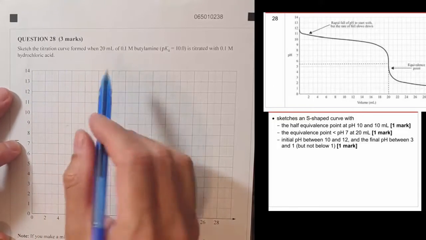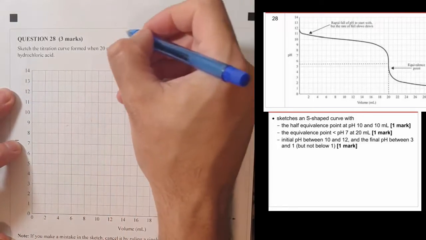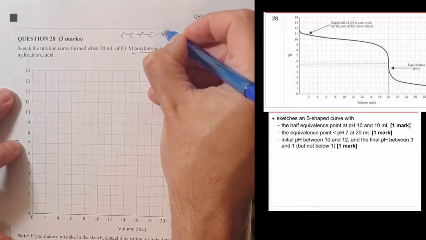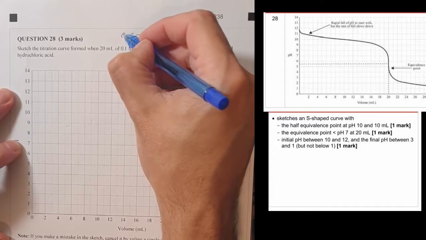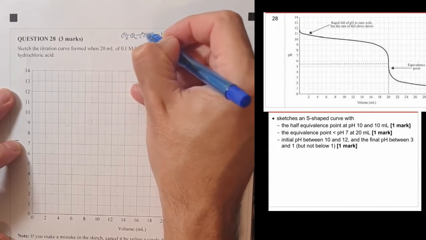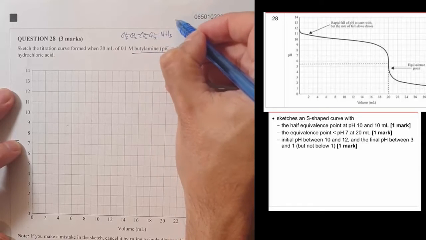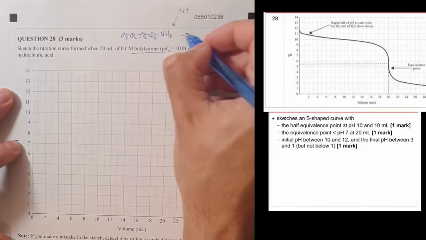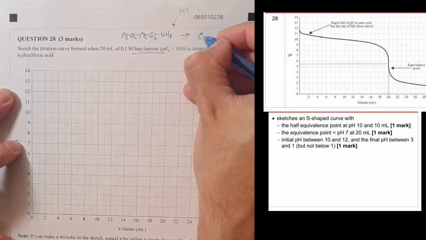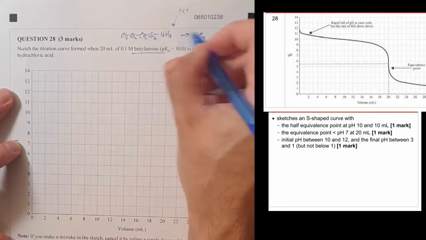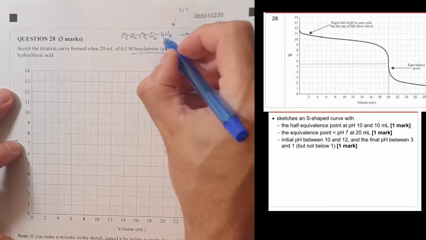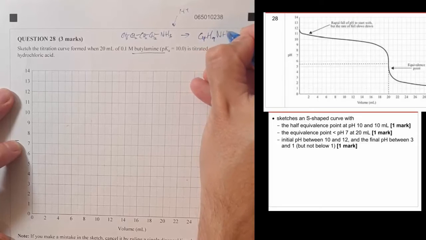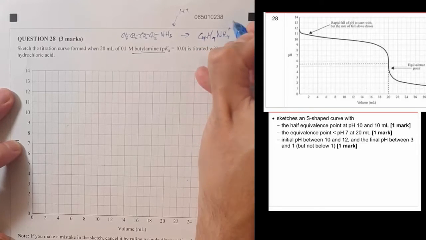Sketch the titration curve when 20 mL of butylamine. So that is going to be C4H9NH2, with an amine there. That's going to take an H plus, and that's going to go to C4H9NH3 plus.